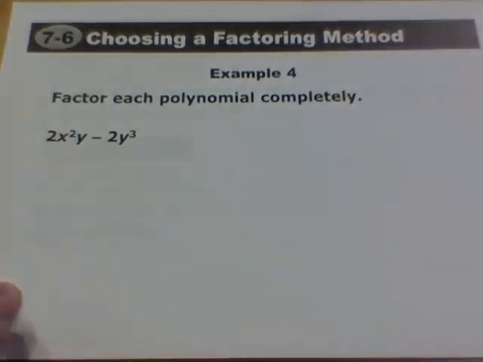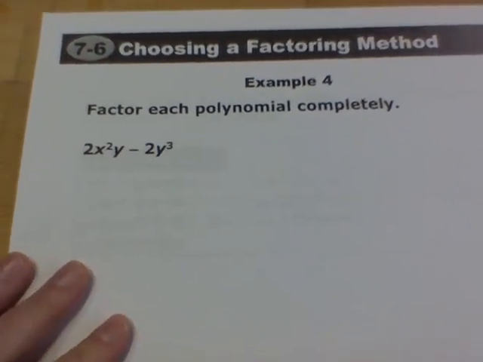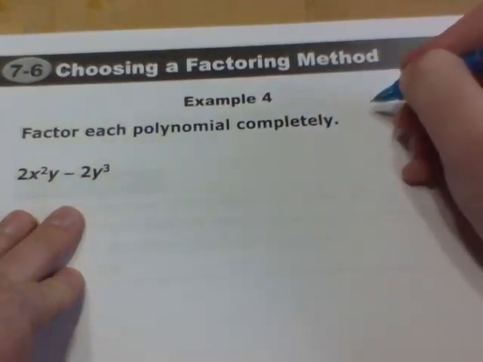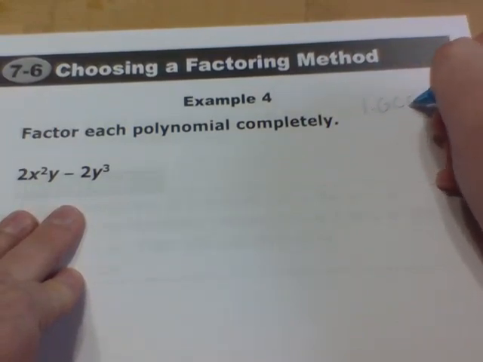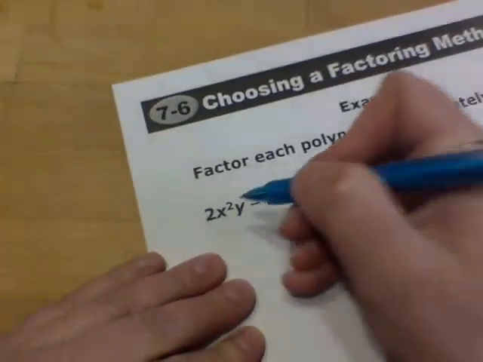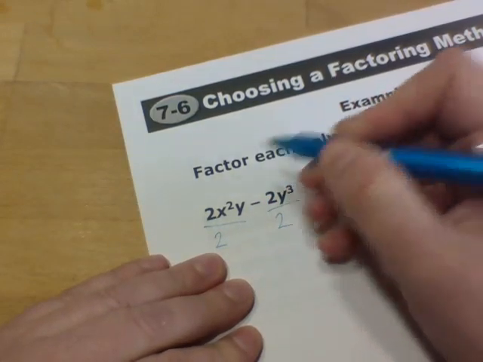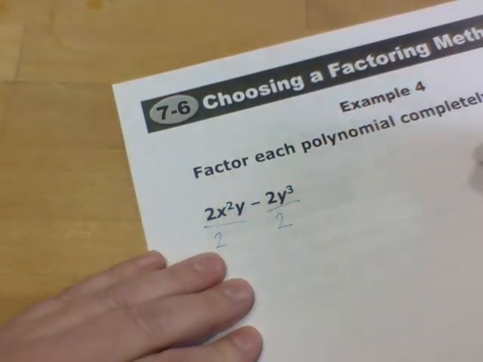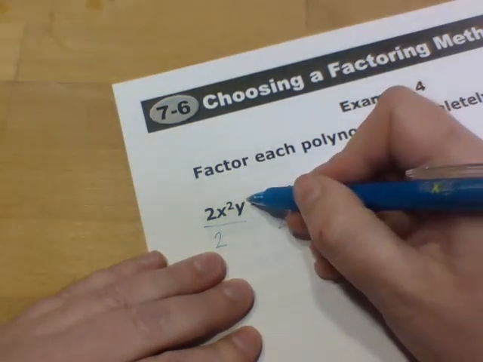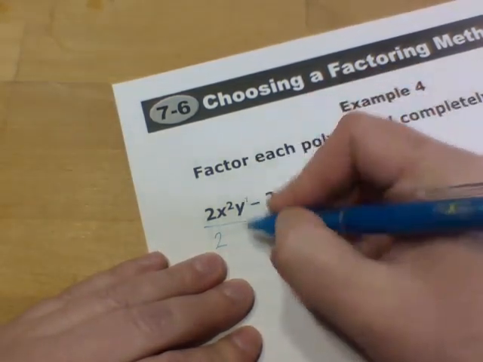All right, then our next example, we're looking for, again, as always, the GCF. And the GCF of at least the number here is a 2. I can't take x's out of both of them, so I won't be doing that. And then y to the 1 is the lowest y power.